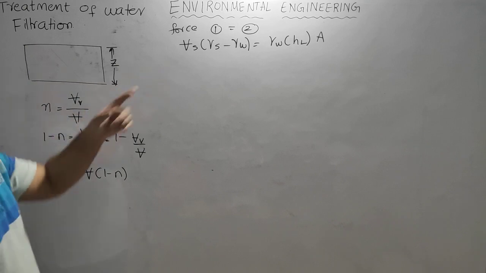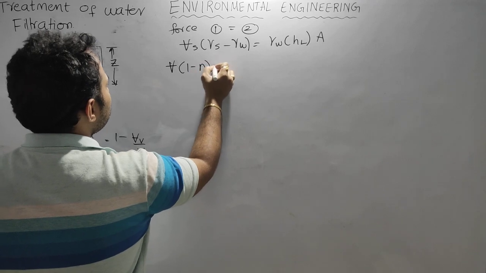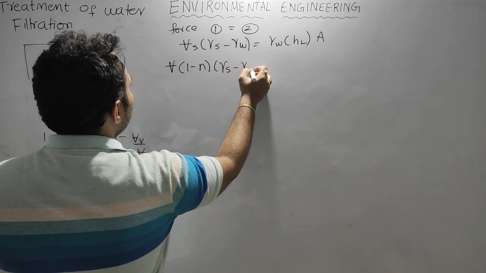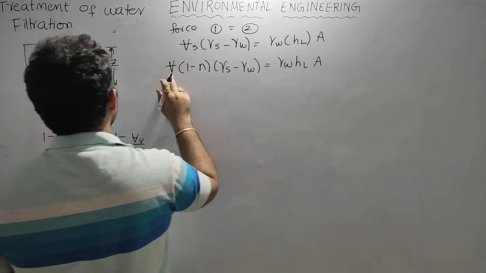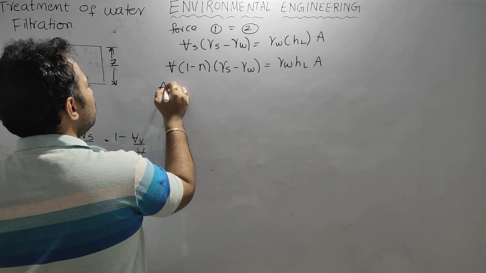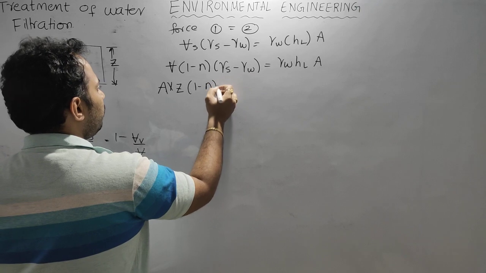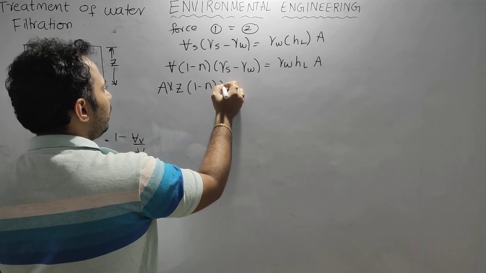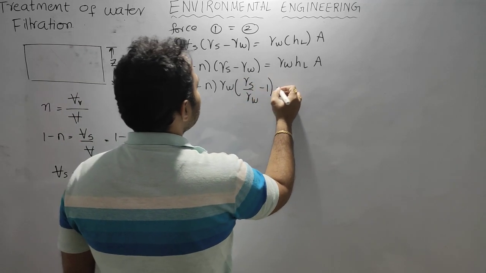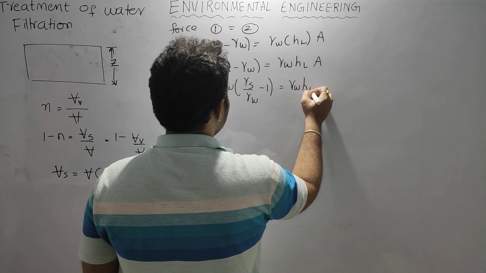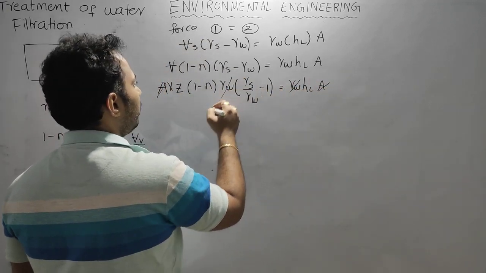So take this here. Volume of solids is nothing but volume of soil into 1 minus N into gamma S minus gamma W, which is equal to gamma W HL into A. The volume of the soil is nothing but area of the soil into Z, into 1 minus N. If you take gamma W common, then gamma S by gamma W minus 1 is equal to gamma W HL A. So A gets cancelled, gamma W gets cancelled.